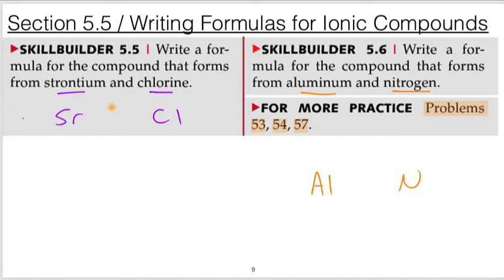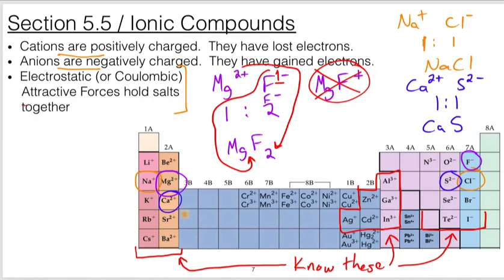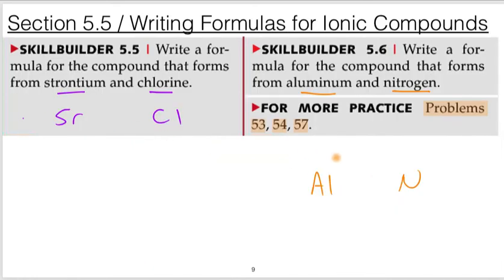What are the charges here? There's strontium, there's chloride, there's the nitride, there's the aluminum. Part of answering these questions is realizing how we determine the charges on these different substances. The way we determine charges is from this periodic trend that we've been talking about for the past little bit. And now, in this case, we can simply use our flip-flop rule.